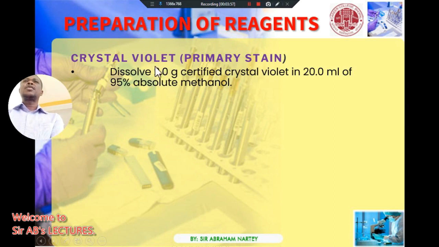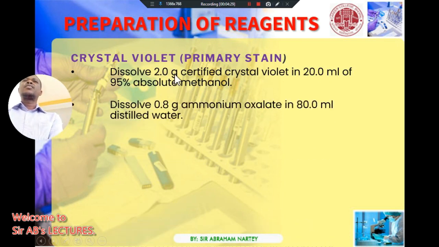It is a solid, a dry powder. You put it in the beaker. Then you look for absolute methanol, 95% concentration. This is a stock solution, it is for sale, so you have it in the lab already. Then you measure 20 milliliters and add it to the crystal violet in the beaker.